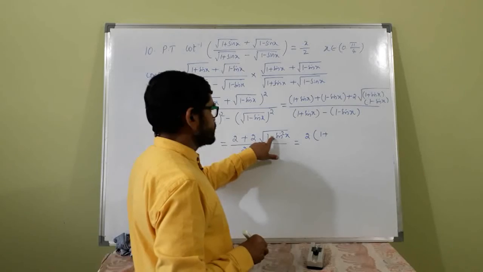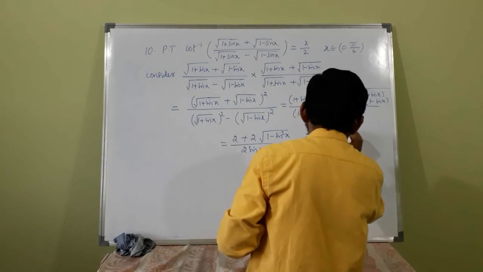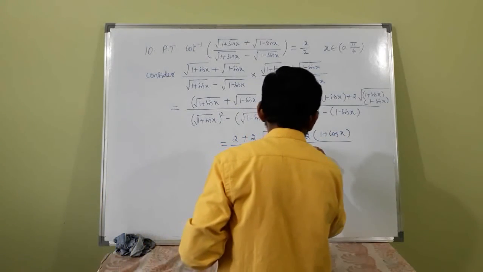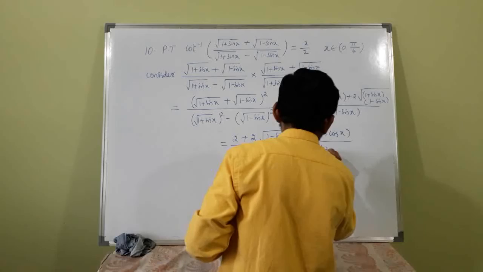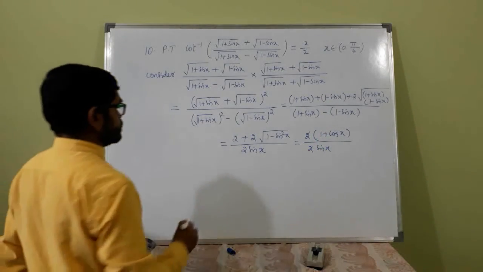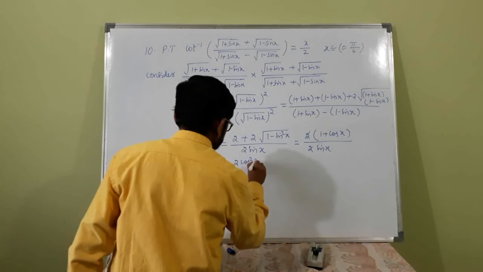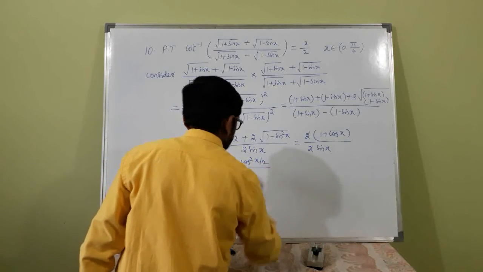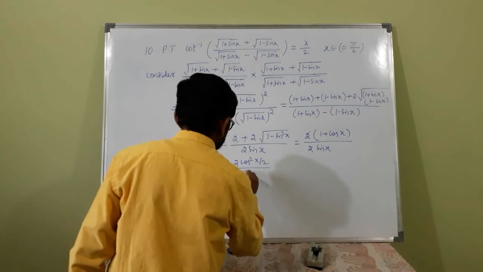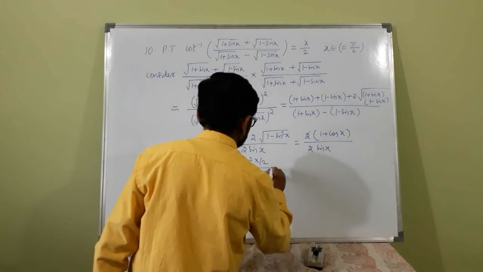square root of cos squared x, that is cos x. 1 plus cos x divided by 2 sin x. 2 get cancelled. 1 plus cos x is 2 cos squared x by 2. sin x is 2 sin x by 2 cos x by 2.